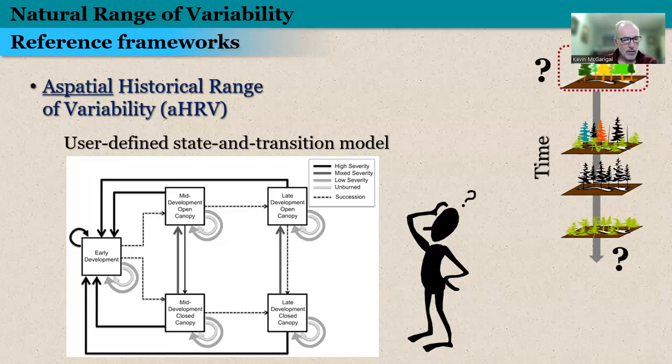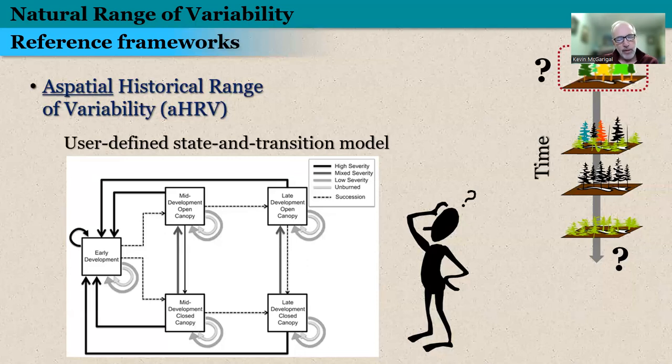So in this case, an early development stage, a couple different mid-development stages depending upon canopy closure, and a couple late development stages based on canopy closure. And the user defines these states and defines the transitions between these states and the probabilities associated with transitioning from one state to another under any number of disturbances, in this case based on fire disturbance.